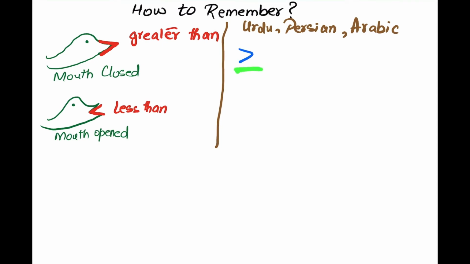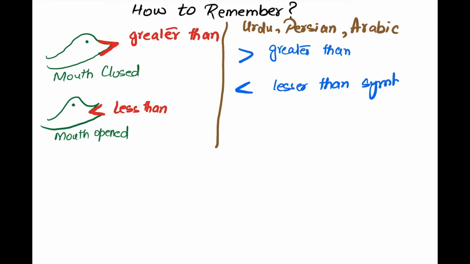Now this letter matches with the greater than symbol. But if you have an inverted Dal like this, then this is the less than symbol. Hence, you can either use this technique or this technique to remember the symbols.